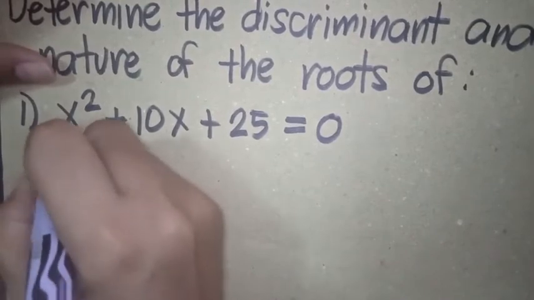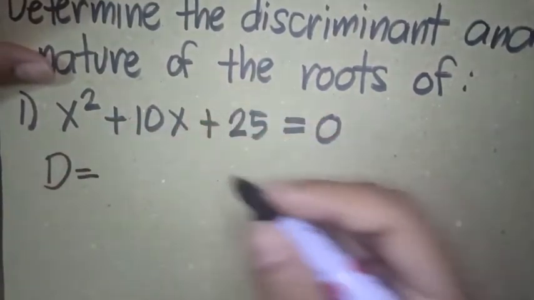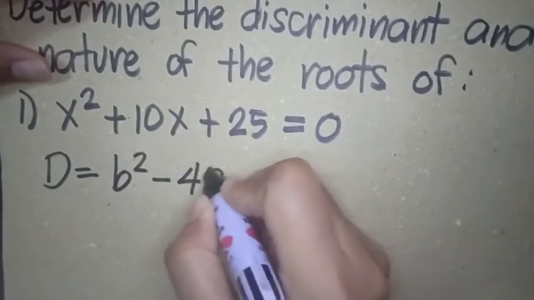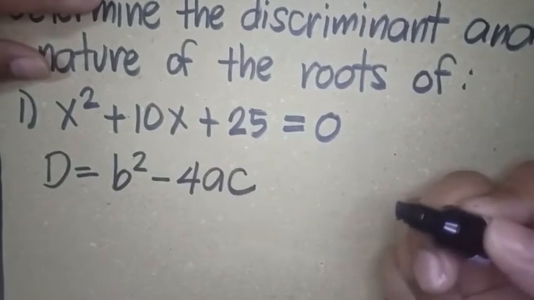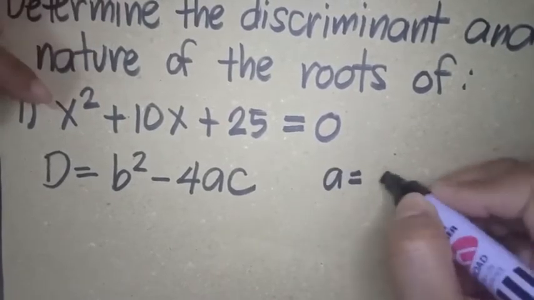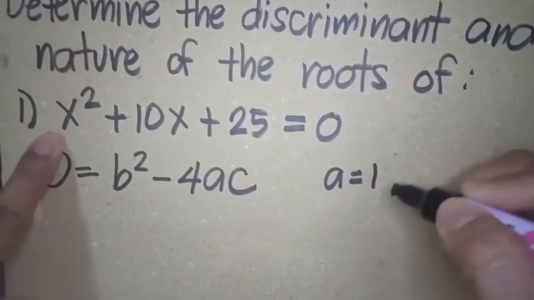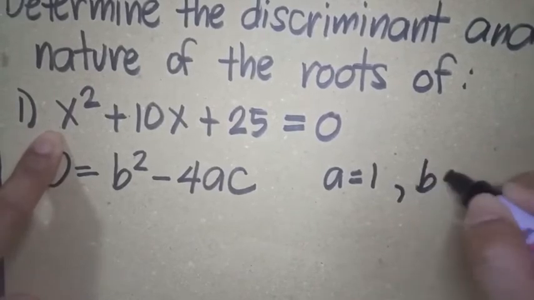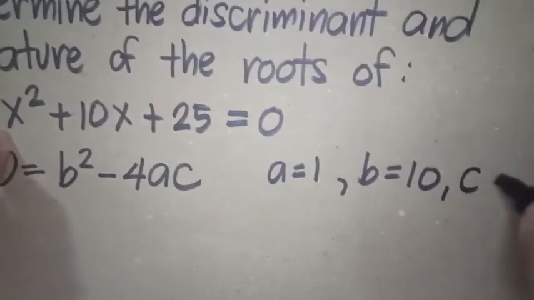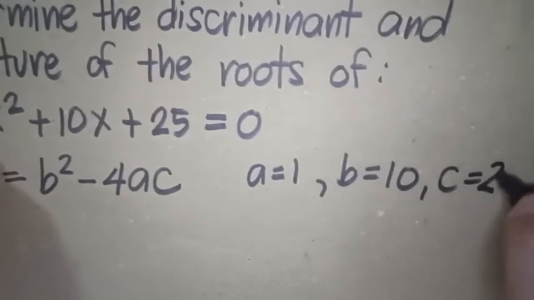So, we have d, which is the discriminant, is equal to b squared minus 4ac. So, we need to identify kung ano ang value ng a, which in this case, the value of our a is 1. Then, our b is positive 10. And c is equal to positive 25.